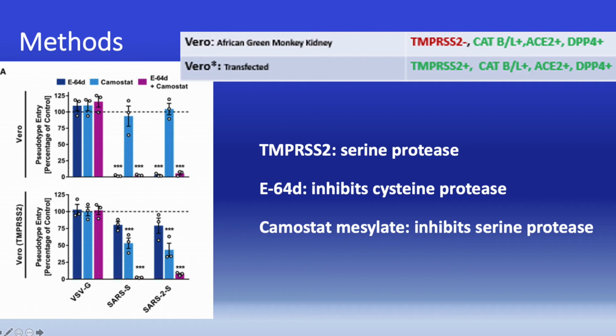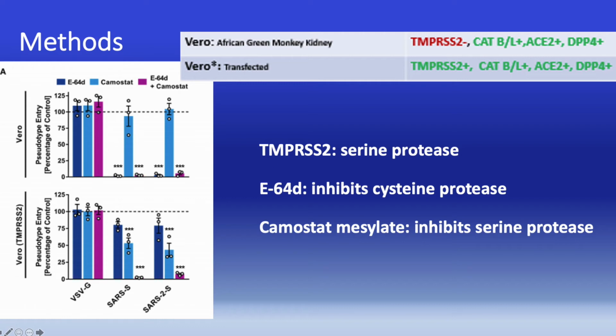We are using these drugs because they are clinically approved for human use and because the cysteine protease and serine protease are both involved in SARS-1 spike protein priming and cleaving the S protein into S1 and S2 subunits. Although both proteases can be involved, both are not necessary for SARS-1 entry.